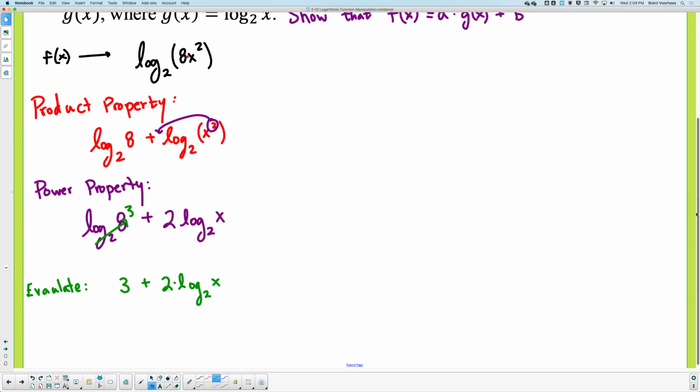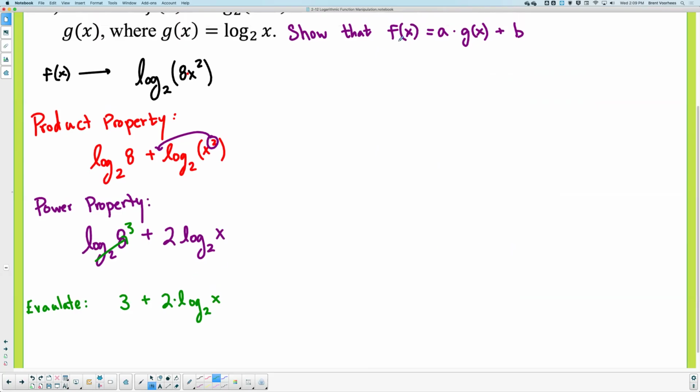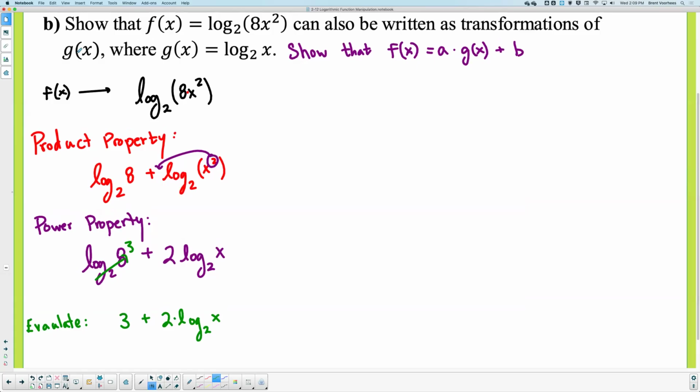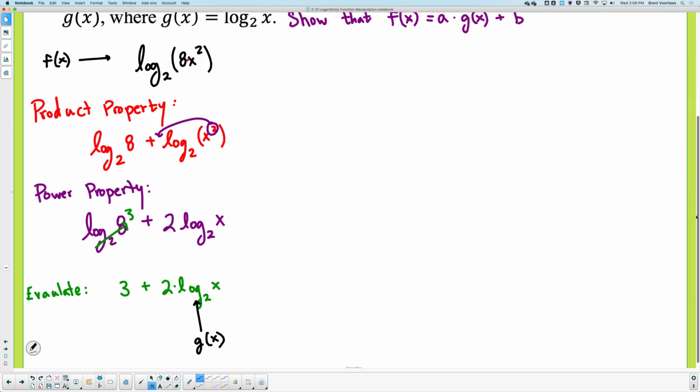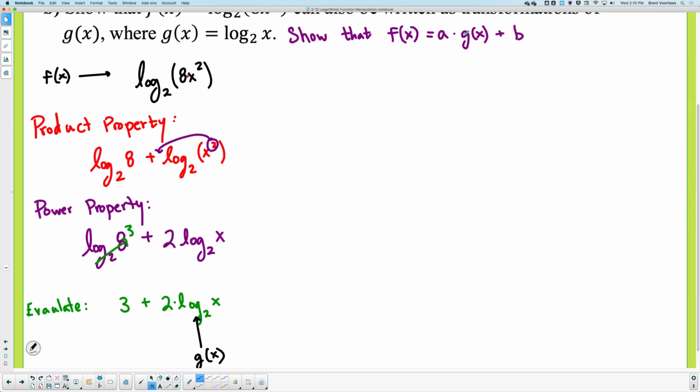Now, remember what we were supposed to show early on? We were supposed to show that f of x is equal to this. I started with f of x. That means all of this down there represents these pieces. Let's start with the easiest. They told us what g of x is. What is g of x? Log 2x. Okay, come down here, log 2x. That's our g of x. Up here, a is supposed to multiply with g of x. What's multiplying with g of x?